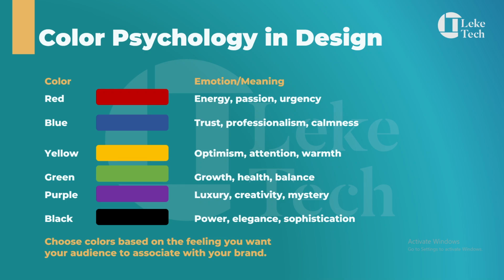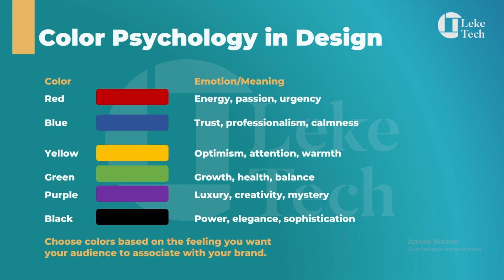So you have green. Green symbolizes growth, vegetation, nature, health, balance. Those are some of the things that green represents. Purple represents luxury, creativity, mystery. You have also black. Black represents power, elegance, sophistication, right?